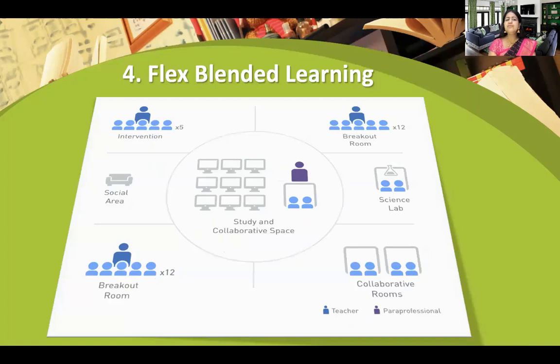And number 4 is flex blended learning. What is flex blended learning? It is a model in which online learning is the backbone of the student learning, even if it directs students to offline activities at times. Students move on an individually customized fluid schedule among the learning modalities.